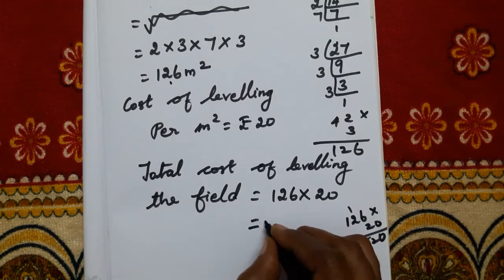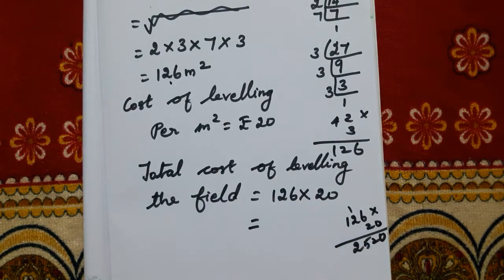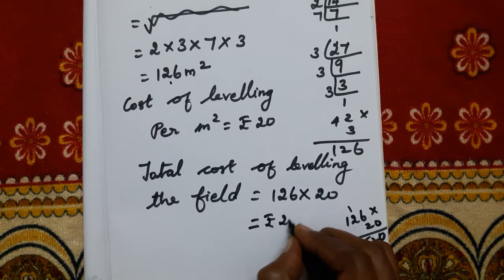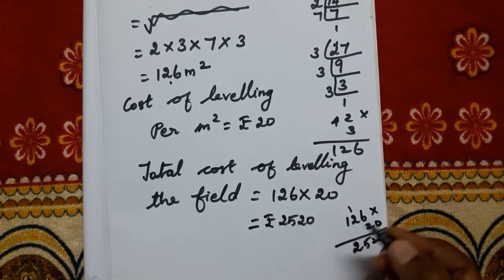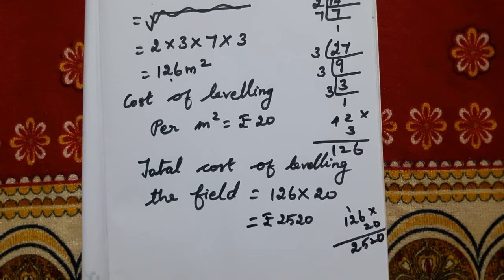Cost means we write it in rupees. Equal to rupees 2520. Clear? Have you all understood this?